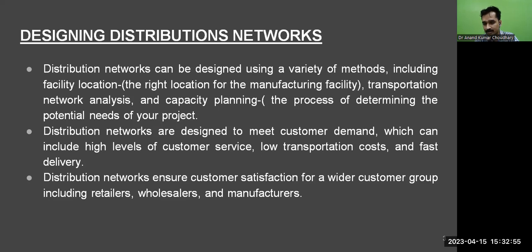Always remember the right location is for the manufacturing facility. Accordingly, you have to think about the transportation network analysis. Transportation may be road, rail, ship, air. It all depends upon the strategy, the planning which you have, and the nature of the product, utility of the product, and the importance of the product as well. The transportation is going to be used accordingly.